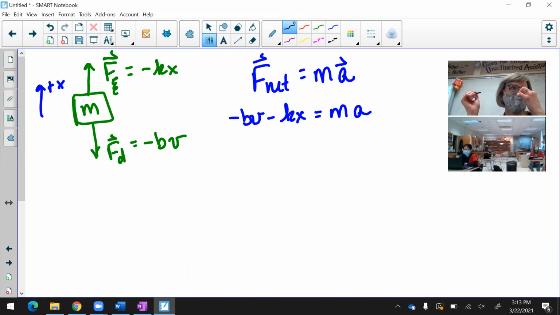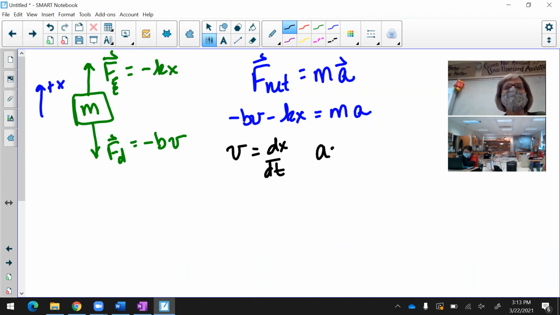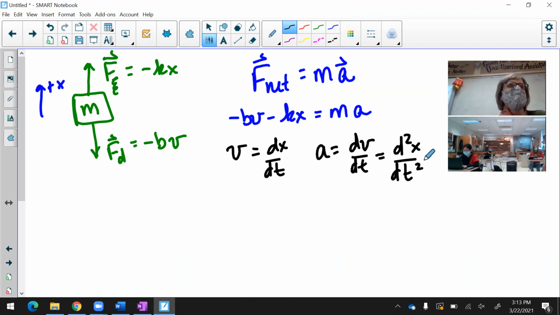No. How are they related? Velocity is the derivative of position. So V is dx/dt, and A is dv/dt, or d2x/dt squared.